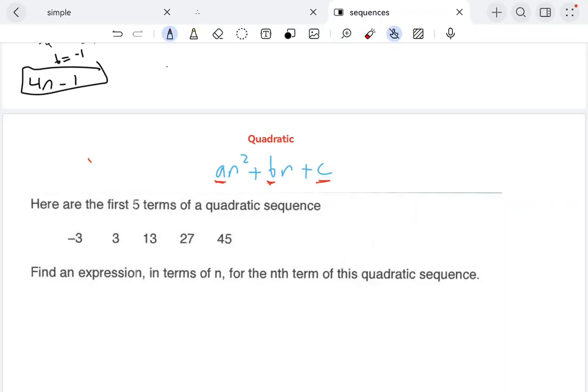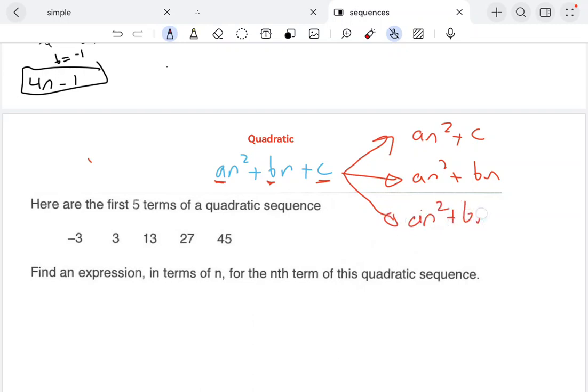You have to know that not every time we'll have the 3 terms. Not every time I'll have n squared plus bn plus c. Sometimes we have only the first term and the last term. So maybe I have only an squared plus c. Maybe I have an squared plus bn only. Maybe I have the 3 terms, an squared plus bn plus c.